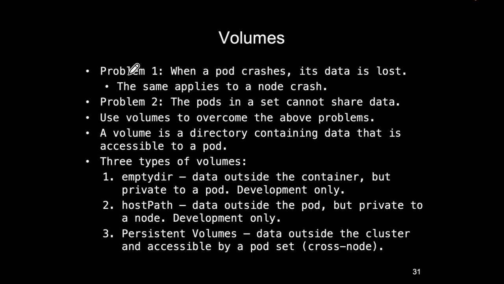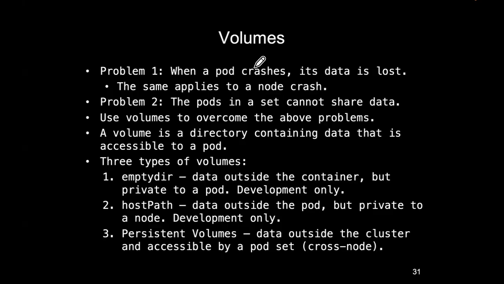So notionally, anyway, the two problems that we're trying to address here is, number one, we know that when a pod crashes, if that pod happens to have been creating any data during its execution, then all of that data is lost when the pod is recreated.